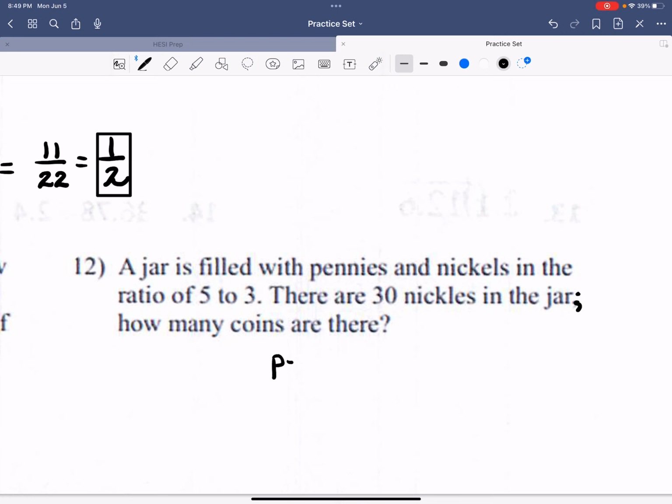So pennies to nickels in the ratio of 5:3. That means for every 5 pennies, there are 3 nickels. So we have that little bit of information.